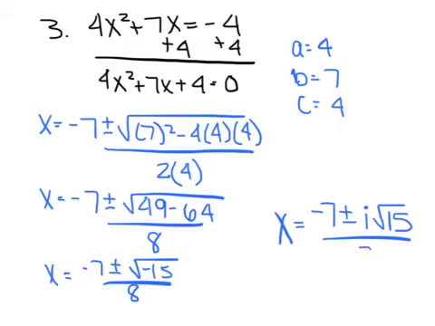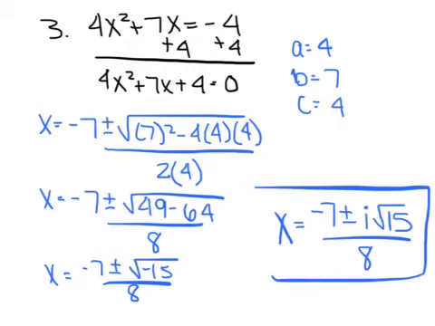Good. So we're just putting together two of the things that we've already done. We've already done the quadratic formula. We've already simplified with i. Now we're just putting it all into one problem. Let's do one more example together.